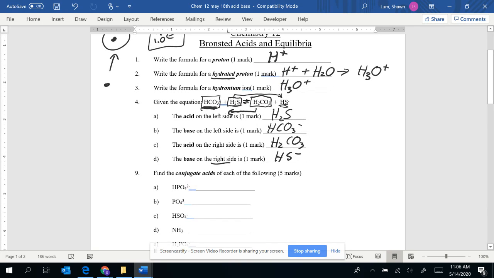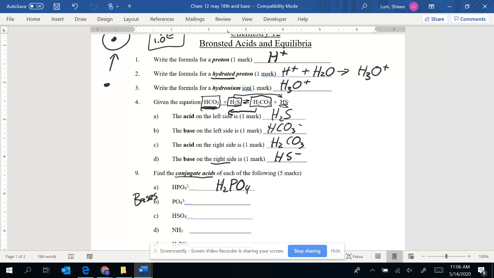Okay. Find the conjugate acids of each of the following. Remember, these are all bases. Bases gain a proton, so we have to add a proton to all of these things. So this one would be H2PO4.